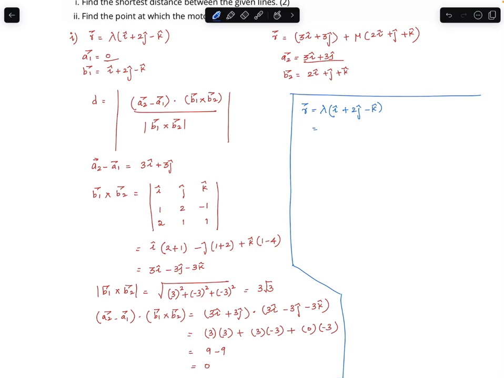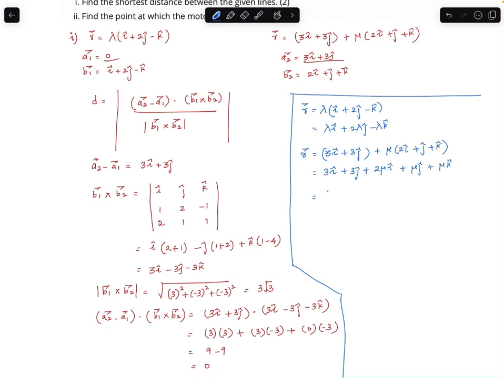Multiplying the entire equation by lambda, we get lambda i plus 2 lambda j minus lambda k, and the second equation is given by r vector is equal to 3i plus 3j plus nu times (2i plus j plus k), which is 3i plus 3j, plus multiplying the entire equation by nu, 2 nu i plus nu times j plus nu times k.